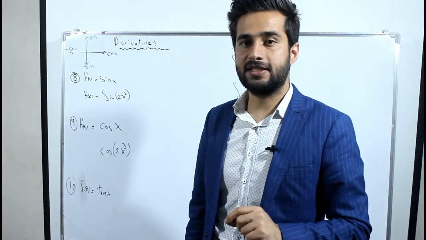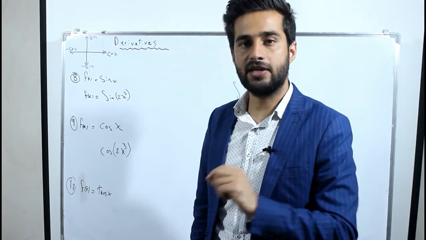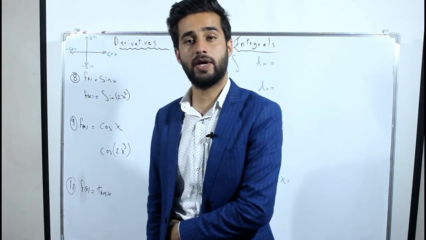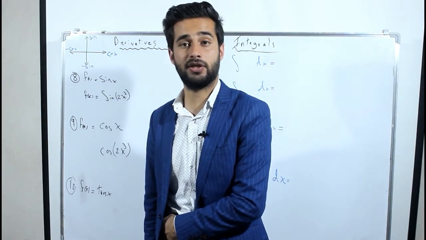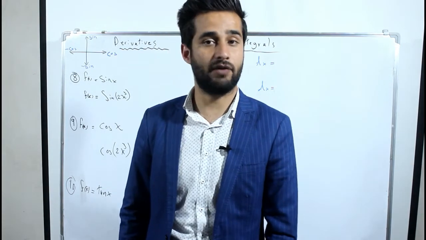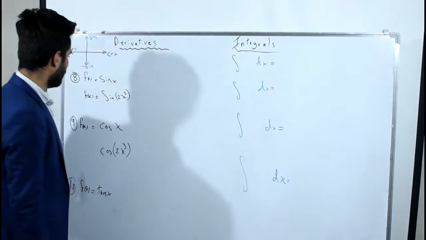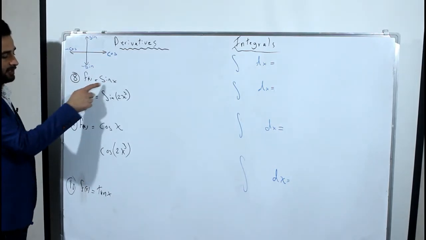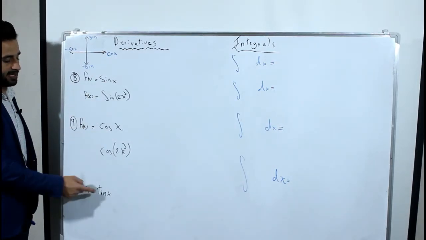If you studied derivatives, the integral will be so easy. Now let's review derivatives, then we can learn integrals very easily. We have three functions: sine x, cosine x, tan x.